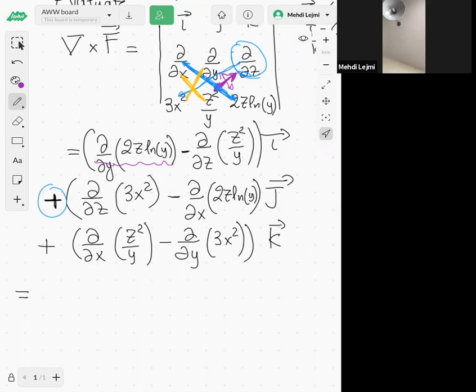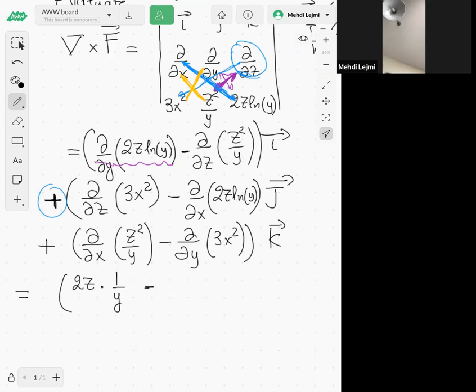So all we have to do here is to compute the derivative of natural log of y, which is just 1 over y. And the 2z is just constant. So it's going to be the constant, which is 2z, times the derivative of natural log of y, which is 1 over y, okay?